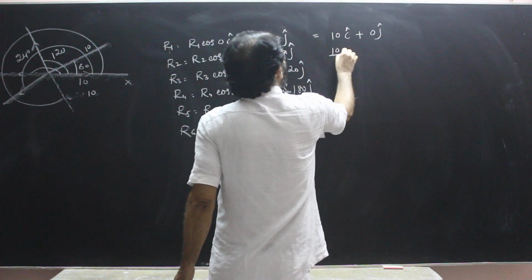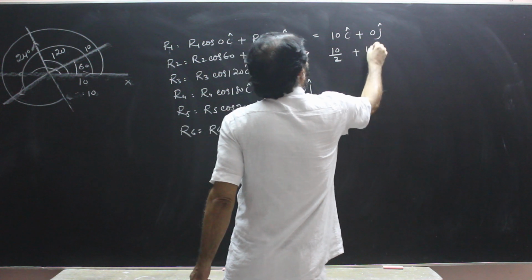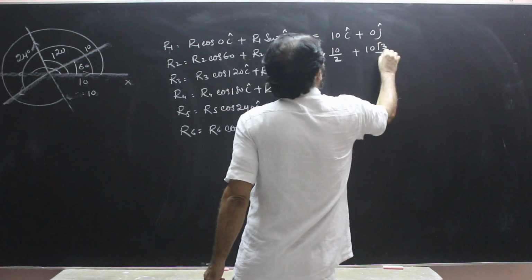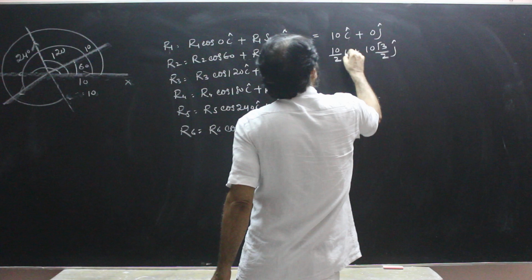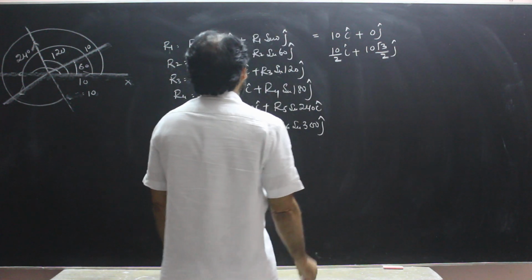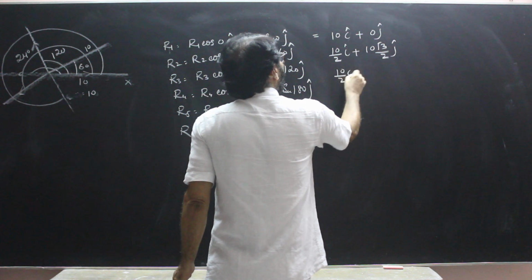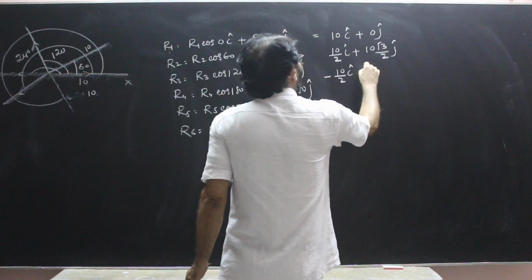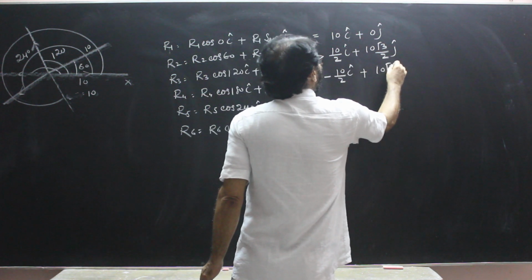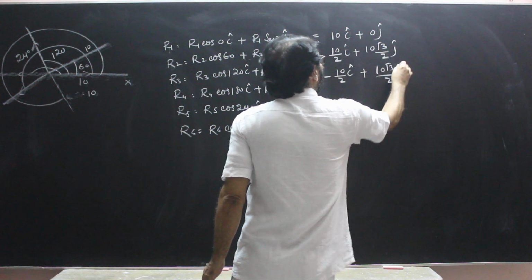10 cos 60 is half, so 10 root 3 by 2 j. For 120, it is 60 in the second quadrant, so it is minus 10 by 2 i and plus 10 root 3 by 2 j.